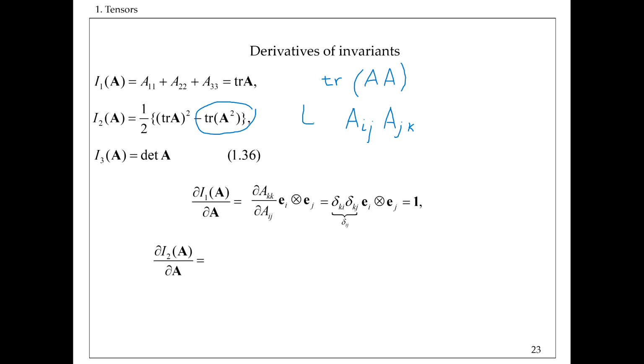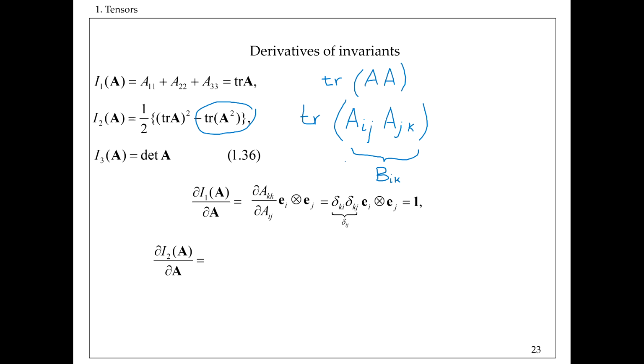To make it a trace, we can call this whole thing, let's say, B_ik.